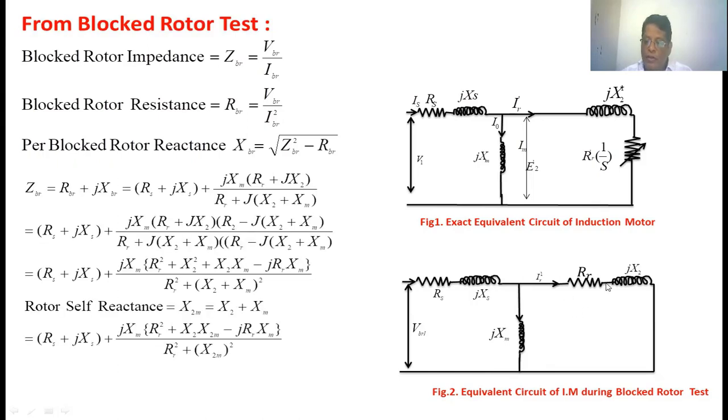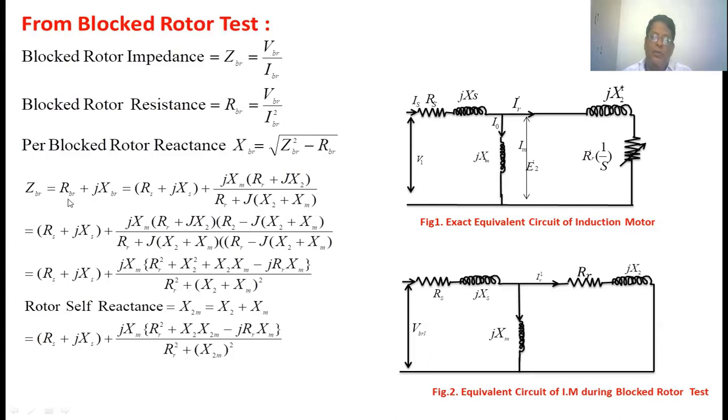From this equivalent circuit, these two are in parallel: jXm into (Rr plus jX2), divided by the sum of these impedances, Rr plus jX2 plus jXm, that is in series with the stator impedance Rs plus jXs.